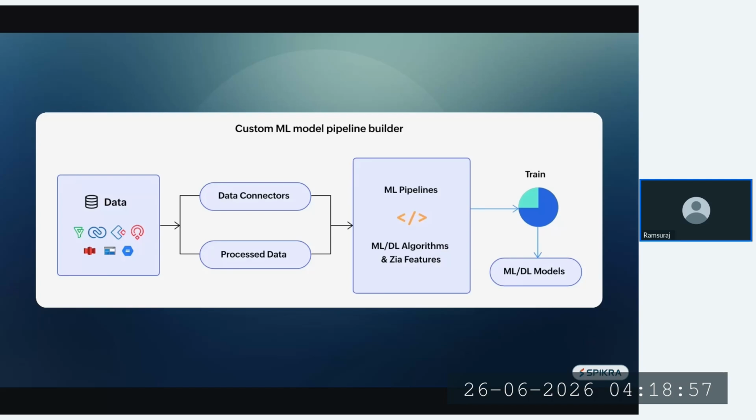You can drag and drop into the builder and visually see the outcome without writing any ML code, without writing any Python code. I'll show you the builder when I go to the demo session. Here the platform orchestrates the complete workflow by combining all the pre-processing components, the transformations, and the ML algorithms.